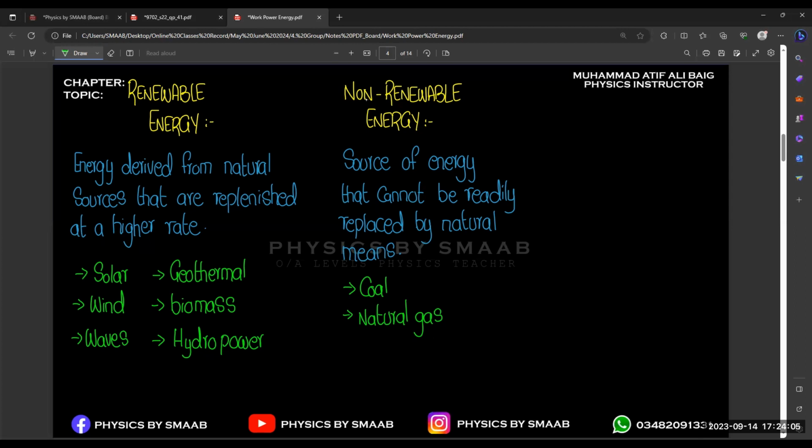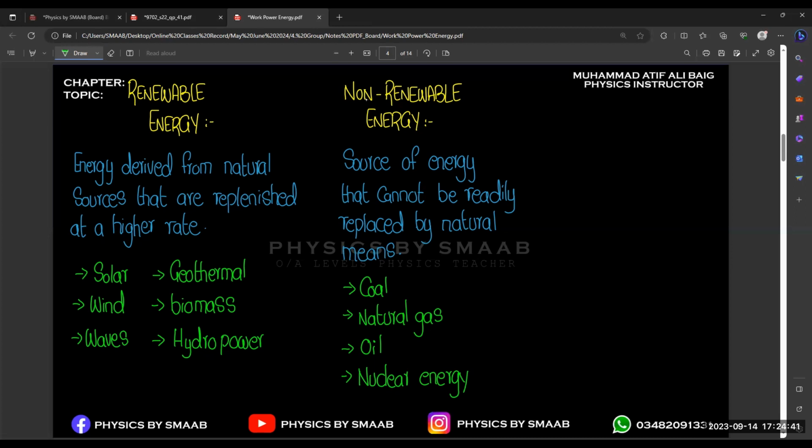So oils are also non-renewable energy, right? And non-renewable energies are limited ones. If you do not continue the process of producing those sources, you will run out of that specific type of renewable or non-renewable energy source, right?